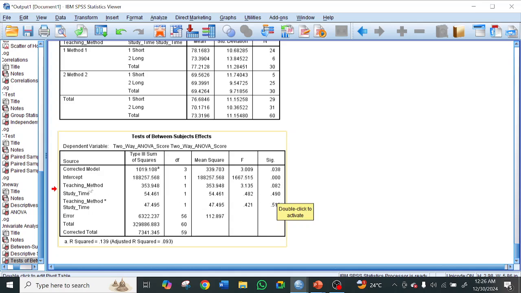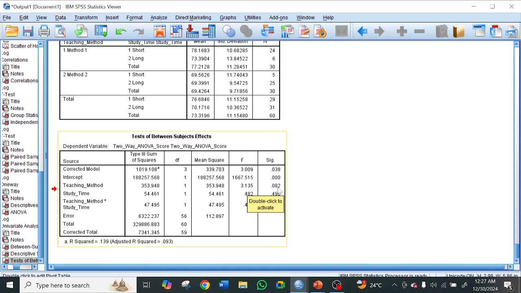Now let's look at teaching method. The value for teaching method is, okay, this is the one we are looking at here. The F value is 3.135, and the significance is 0.082.